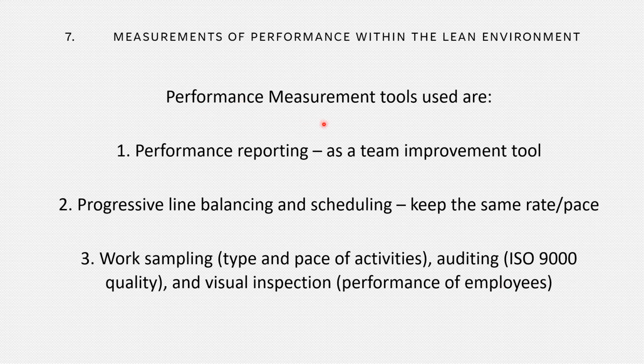So these are all the performance measurement tools. If I ask you what the performance measurement tools are within the lean environment: performance reporting, progressive line balancing and scheduling, work sampling, auditing, and visual inspection. All right, so that's it for this chapter.